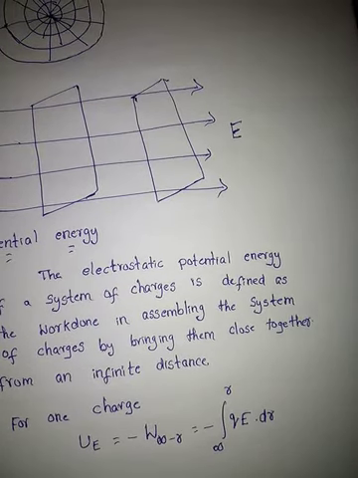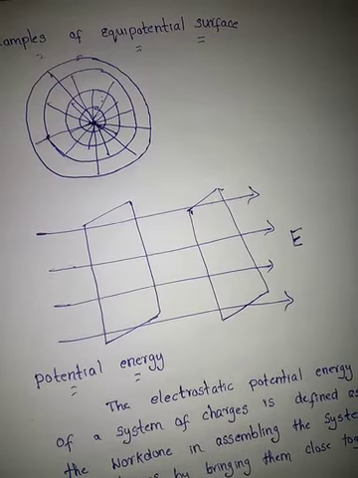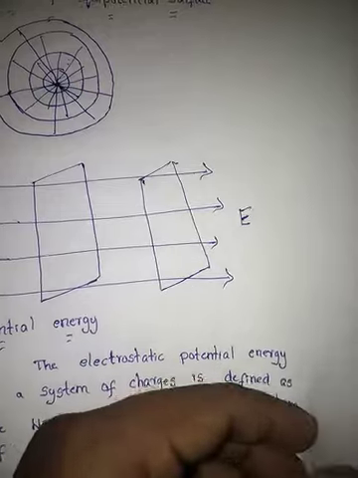Understood? Yes. Now we are going to derive a small, very important question of this chapter, 3 marks, that is the potential energy of a dipole in a uniform electric field.